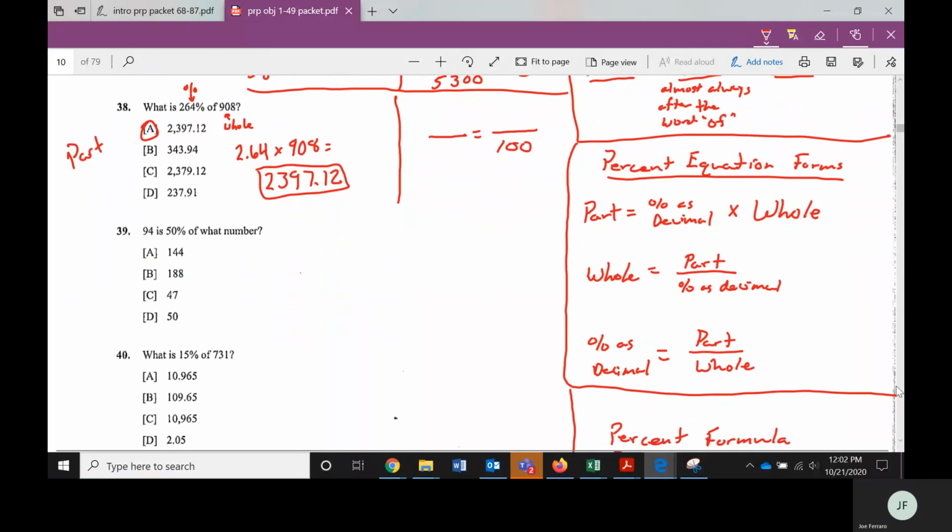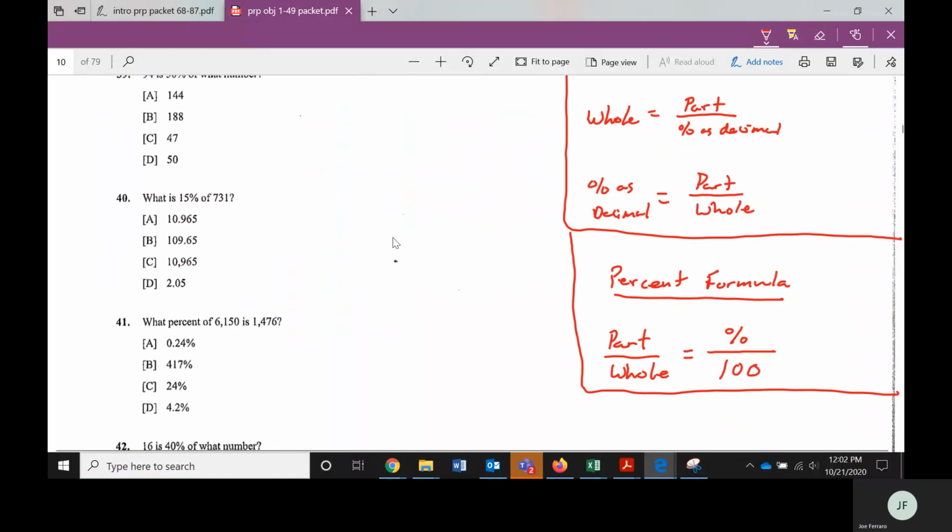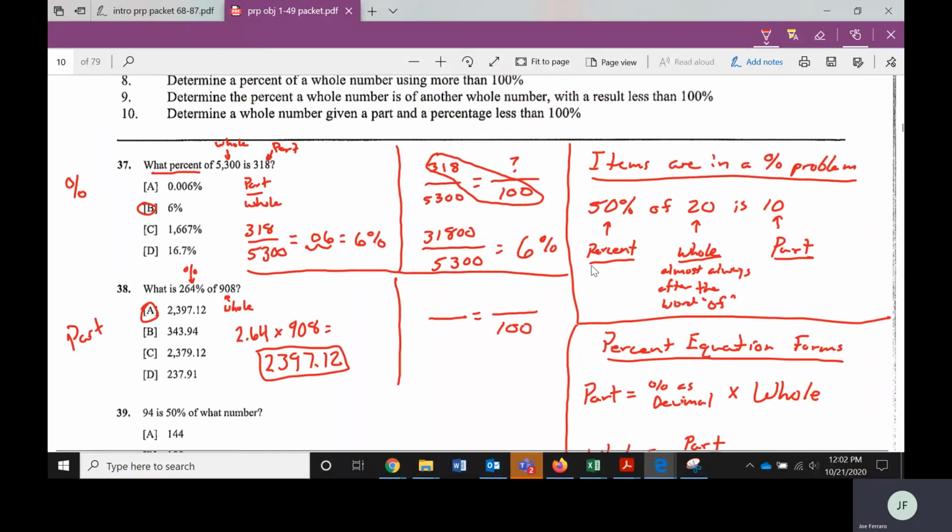Remember, part over whole equals percent over 100. So we're missing that top part. You could draw a little X or a question mark there. The whole is 908. And the percent, you don't convert this, you just write it as is, 264.